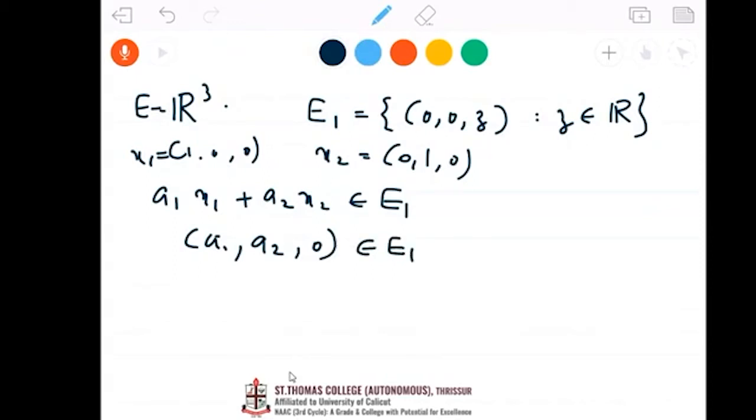So if something is to be in E1, its first coordinate and second coordinate must be equal to 0. So this means a1 equal to a2 equal to 0. So a1 x1 plus a2 x2 element of E1 implies a1 equal to a2 equal to 0. Therefore x1, x2 are linearly independent relative to this E1. So this is what is meant by linearly independent relative to a subspace.